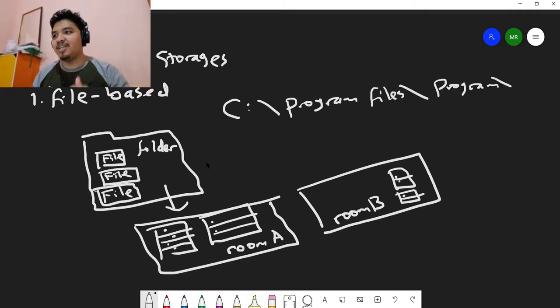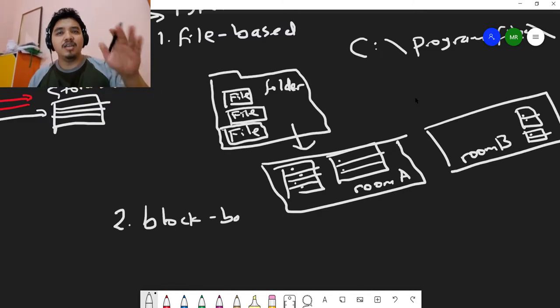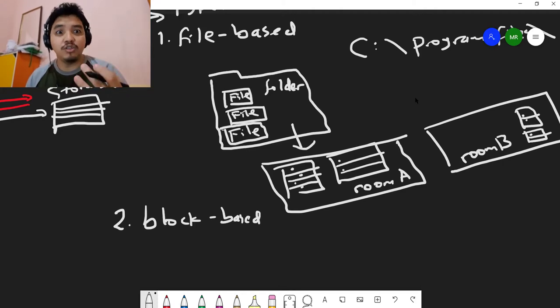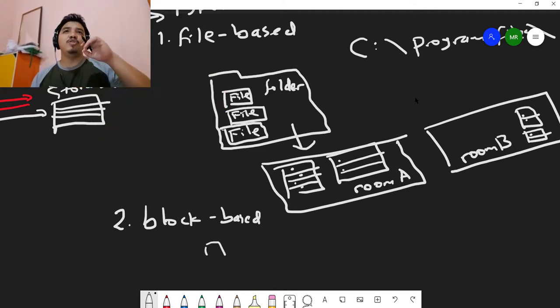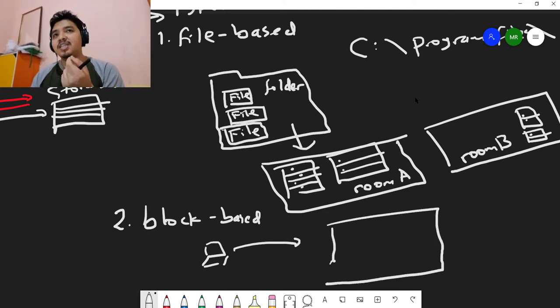The second one is called block-based storage. Because it is block, if you want to store, they give you blocks. In fact, this is the type our PCs use nowadays.